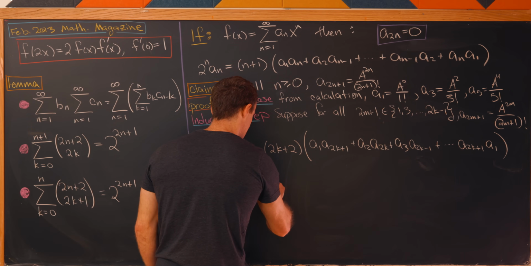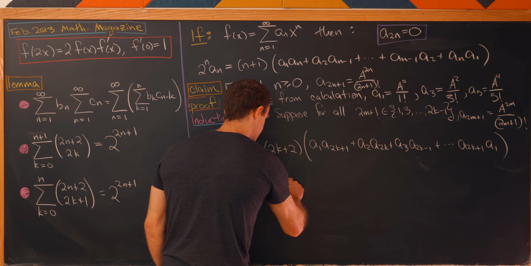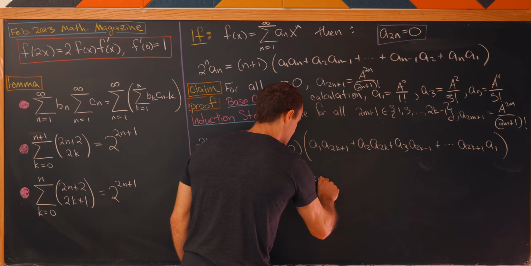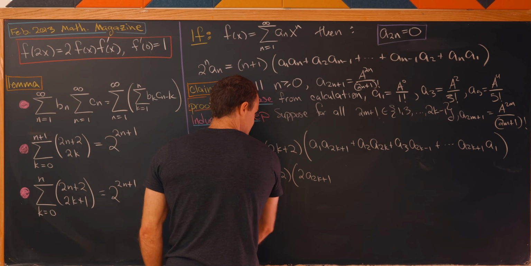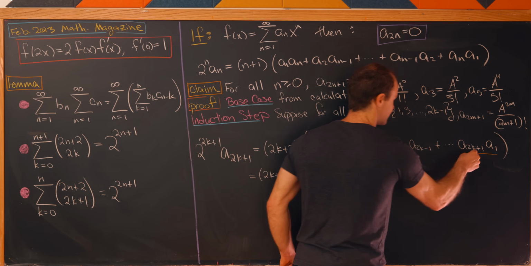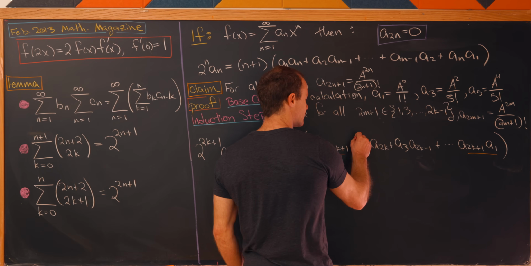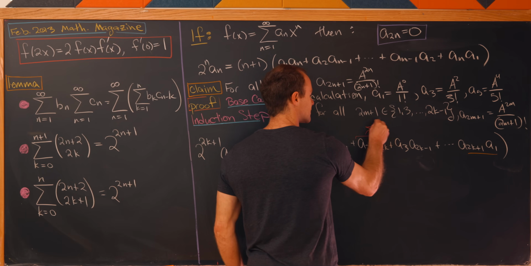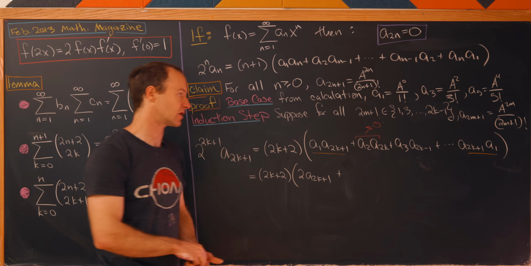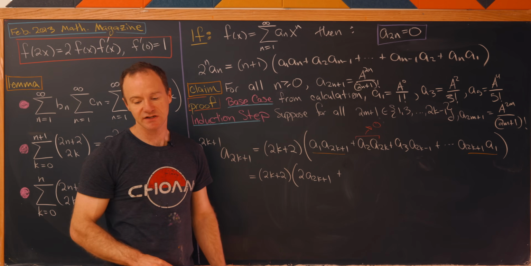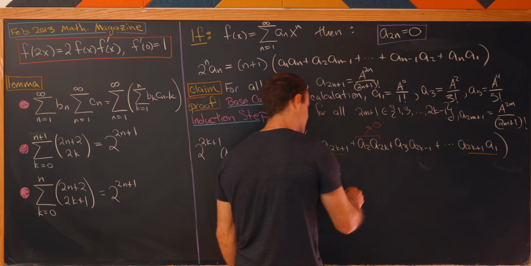Okay, so now I'm going to rewrite this as follows. I'm going to rewrite this as 2k plus 2, and then notice I have 2 times a 2k plus 1. Those come from both of these terms using the fact that a1 is equal to 0. And then also I know that all of these even terms are 0. So that's every other term here, which means I'm only adding all of these odd things. So let's smush those all together into a sum.